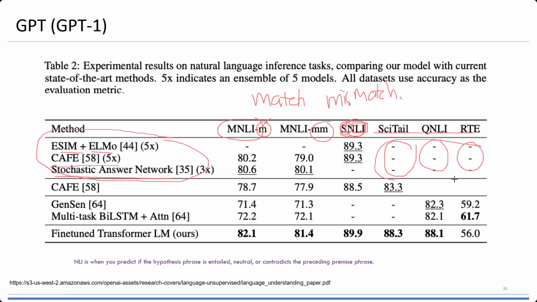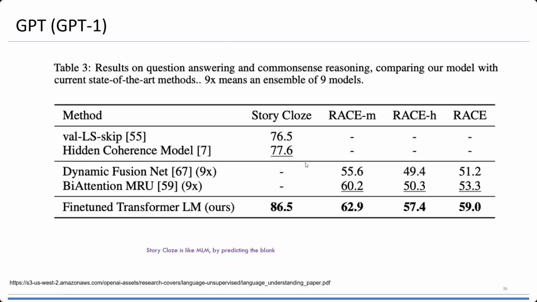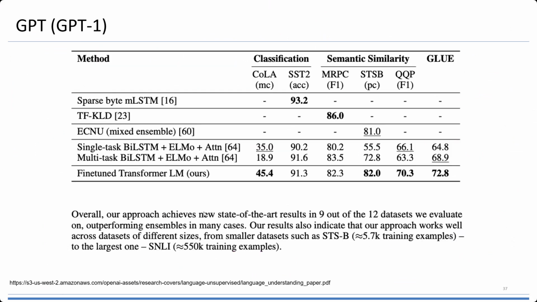So some of the metrics are not available, and of course, that is possible. They also do it with other kinds of models, and they call this the fine-tuned transformer LM. They also try to compare with the bi-LSTM.